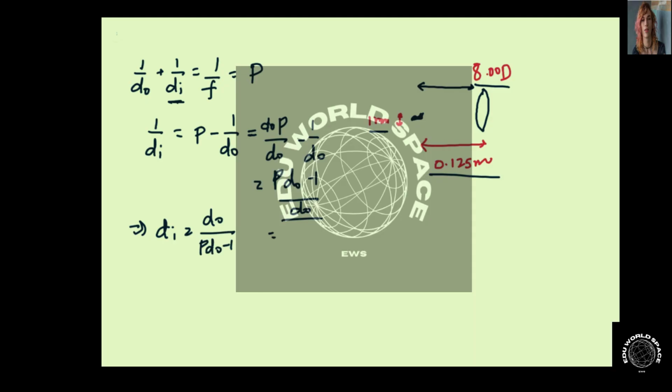Now we know that object distance is simply 0.125 meters divided by power, which is 8 diopters, 8.00, and we know that diopter is the inverse of meter, times do, which is again 0.125 meters, minus 1. Also notice that the power of the lens is negative, which is minus 8 diopters.